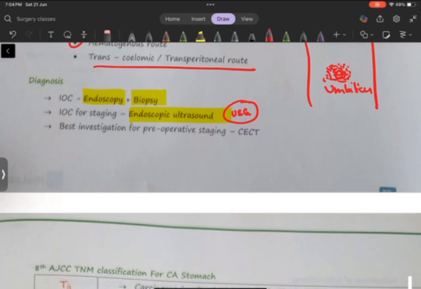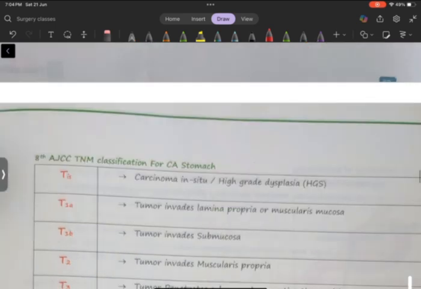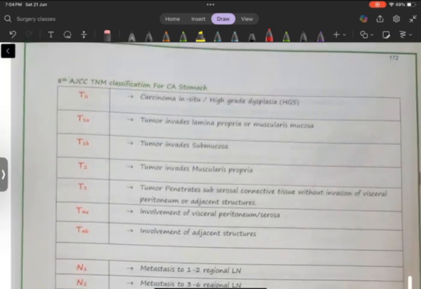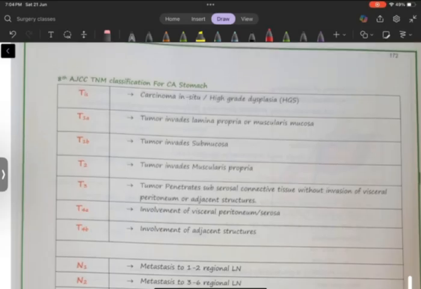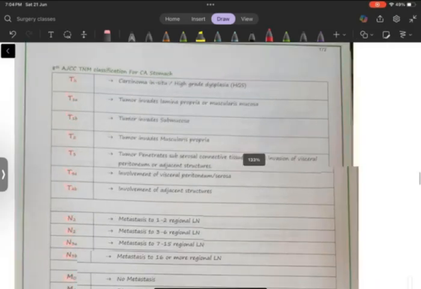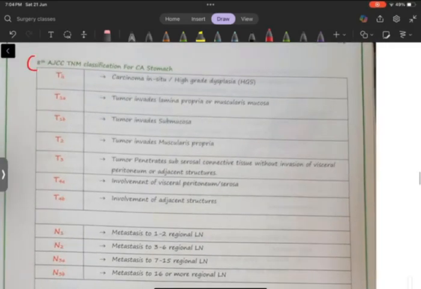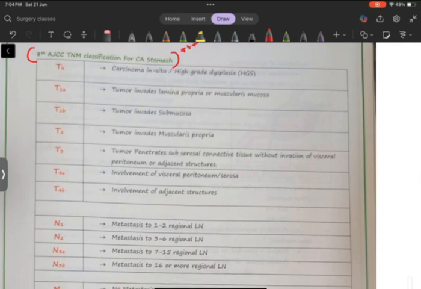It is contrast enhanced CT. Based on this we will go for TNM staging of the stomach, CA stomach. Correct? TNM staging basically helps in treating the carcinoma of the stomach.